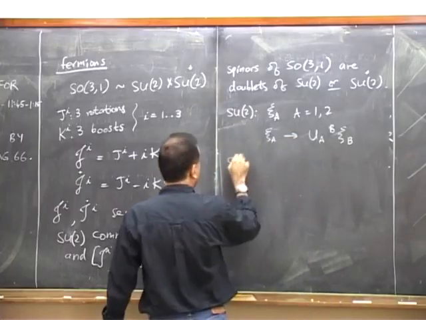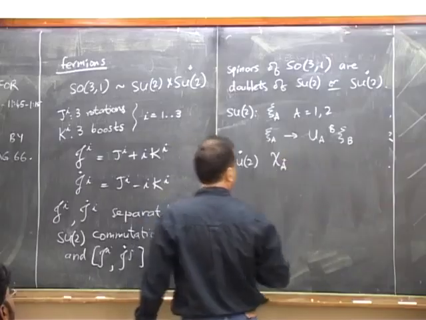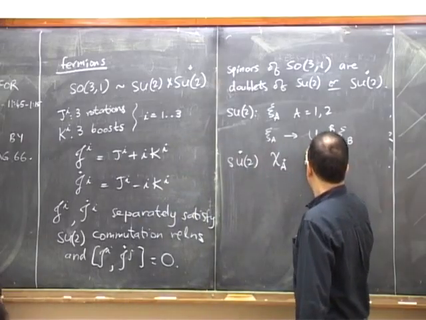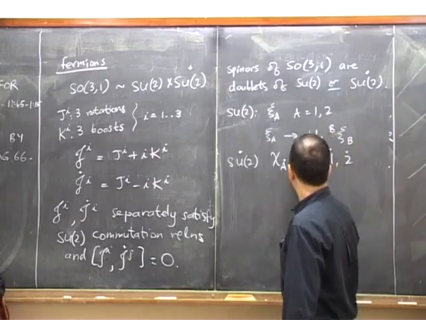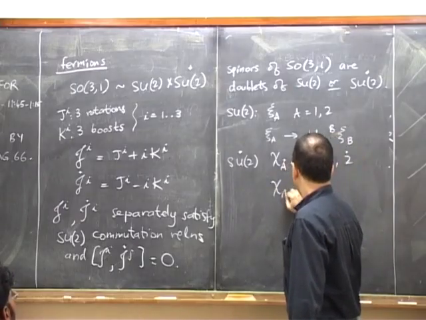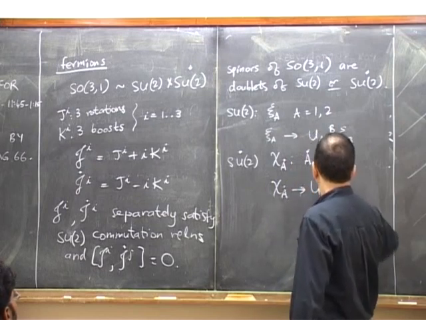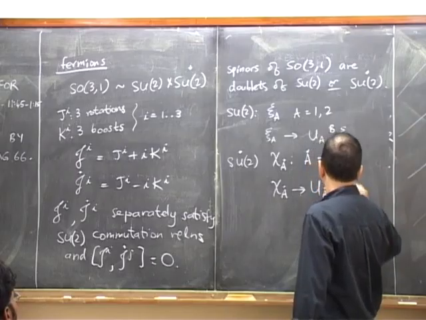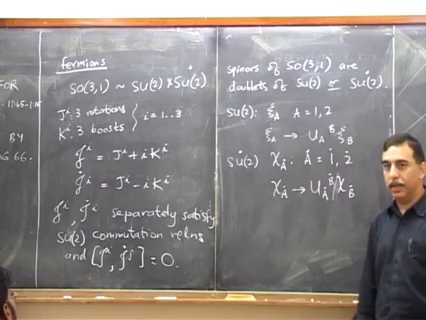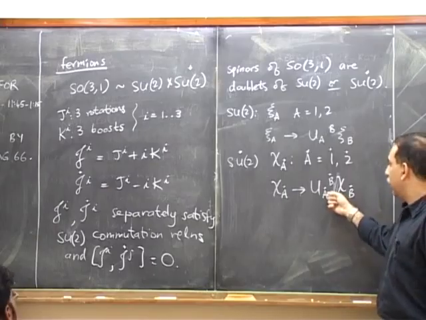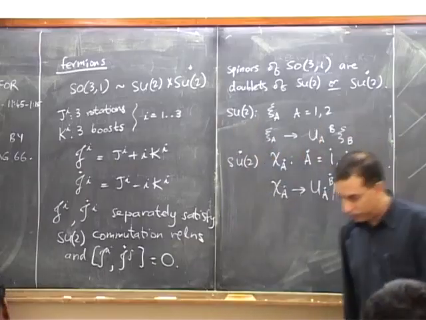Under SU2 dot, they'll be called chi A dot. A dot takes the values 1 dot and 2 dot, and chi A dot goes to U A dot B dot chi B dot. Okay, I think it's as clear as it can be. This is a unitary 2 by 2 matrix in SU2 dot, and this is the similar matrix in SU2.